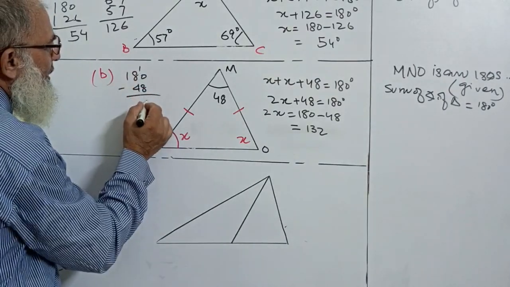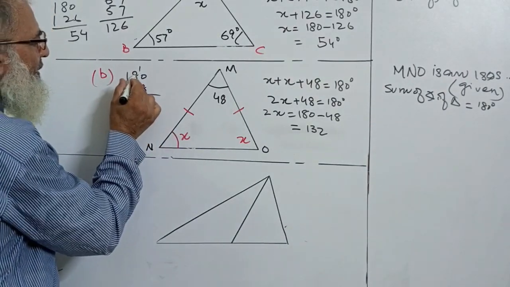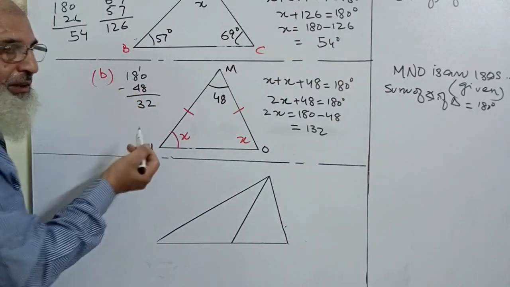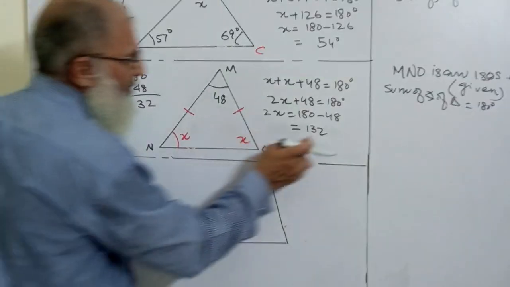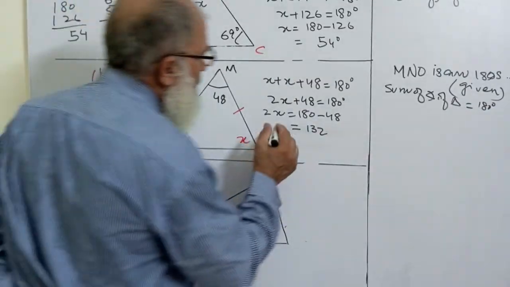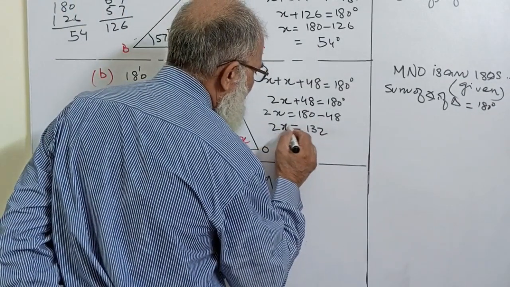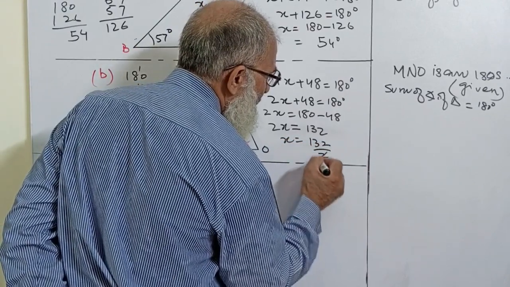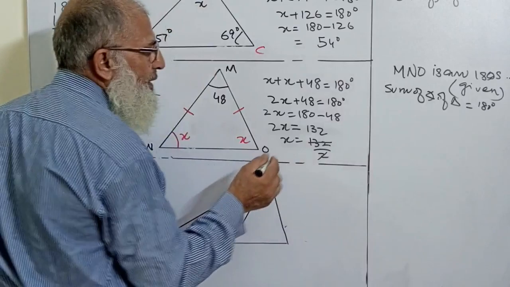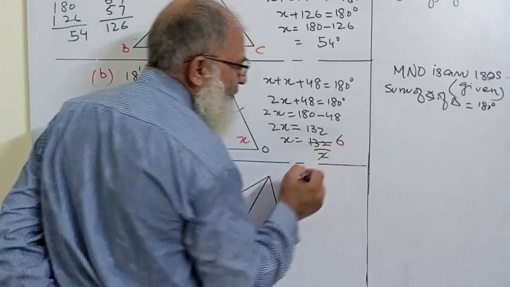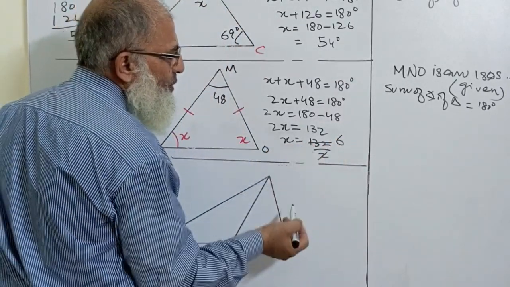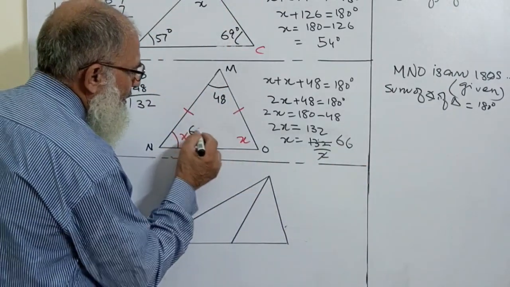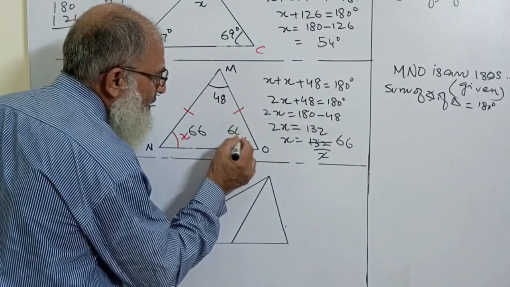You see that it is 2, and 7 minus 4 is 3, and 1 is always there. So it becomes 132. So it is equal to 2x. Then x is equal to 132 divided by 2. So 2 sixes and 1, and 2 sixes, 66. Now it is 66 over here and 66 over here.